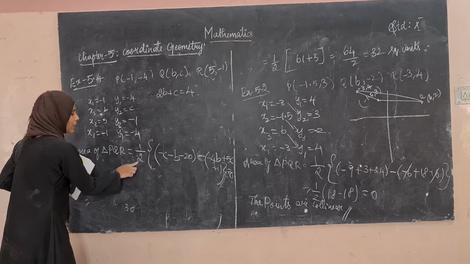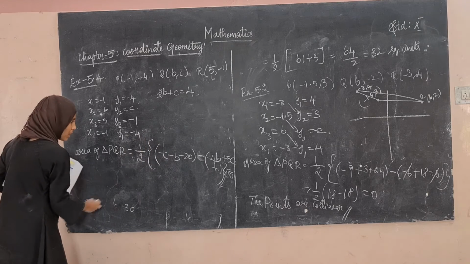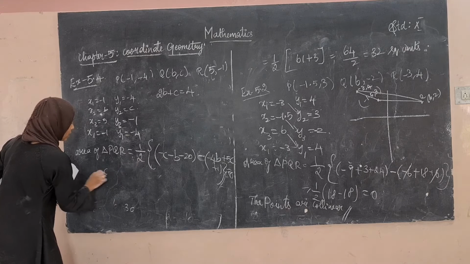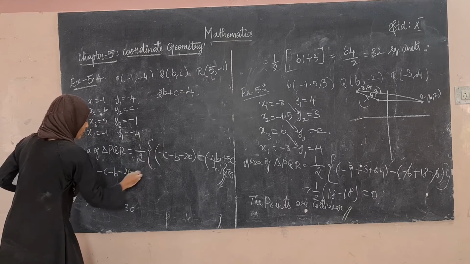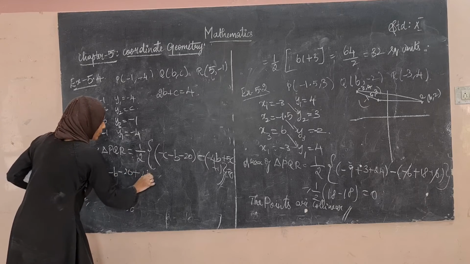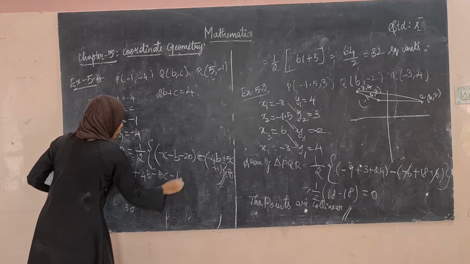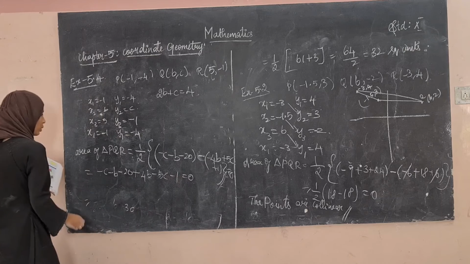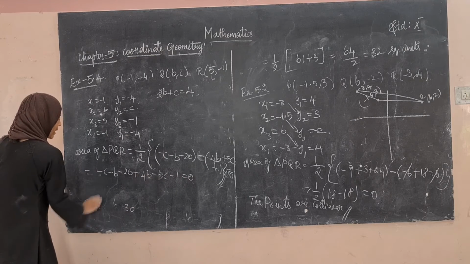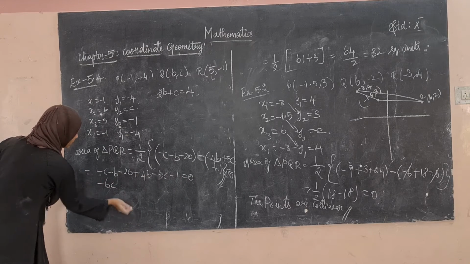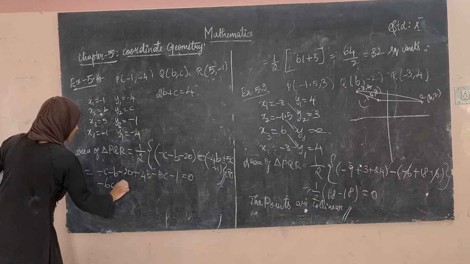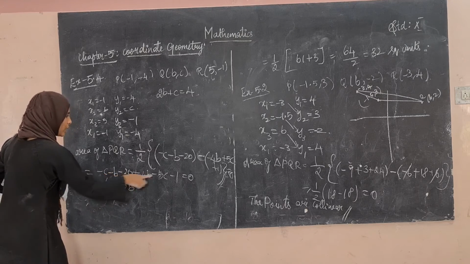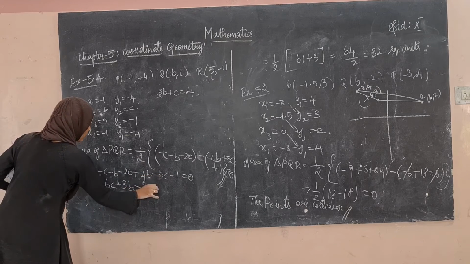So they bring this to that side, 2 into 0 becomes 0. So minus C, minus B, minus 20, minus into minus gets plus 4B, minus 5C, minus 1 is equal to 0. Okay, so minus C minus 5C is minus 6C, and then minus B plus 4B is plus 3B, minus 20 minus 1 is minus 21 equal to 0.